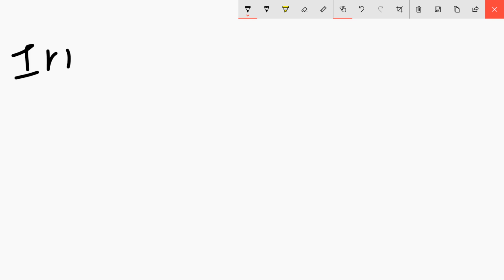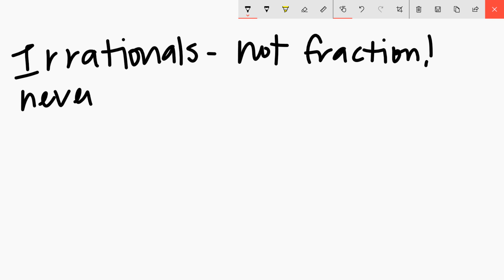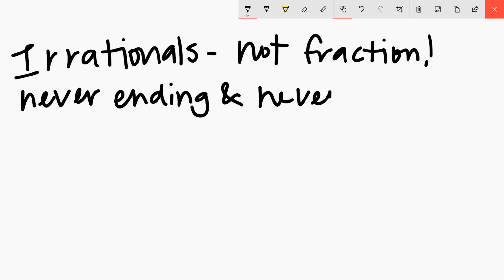Irrationals. Basically everything that's opposite of your rational. So it cannot be a fraction. That means we've got never ending and, because it has to be both of these things, never ending and never repeating decimals.